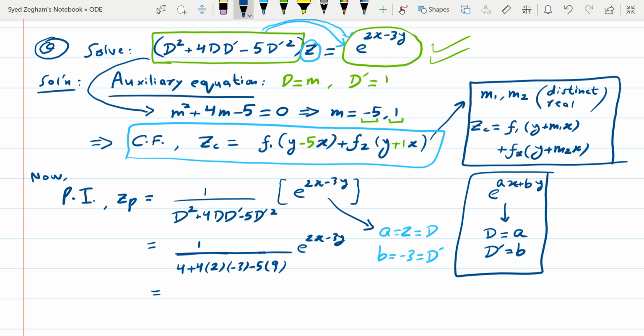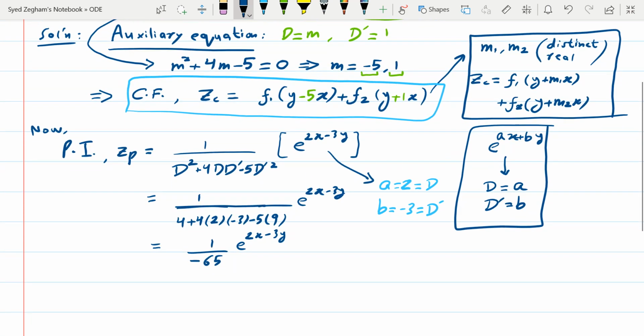And what we get here is 1 over negative 65 e to the power 2x minus 3y. That's all. You are ready to write the solution.